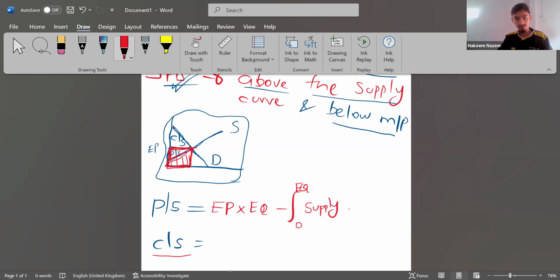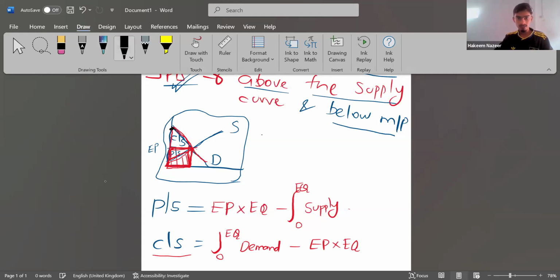First, you need to identify the demand area, from zero to EQ of demand using definite integration, minus the total expenditure of the consumer, EP into EQ, right?